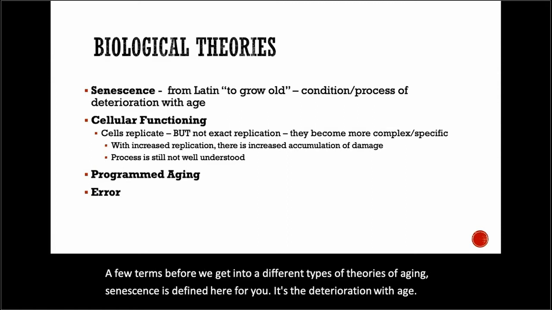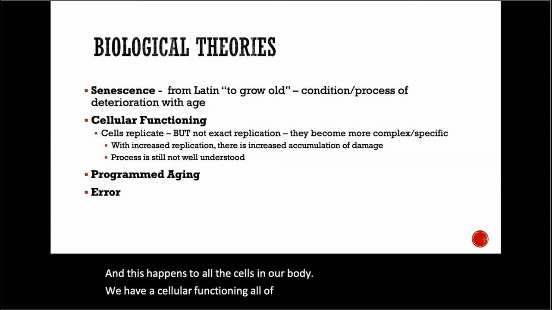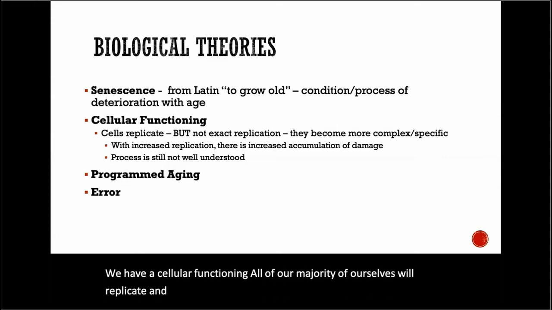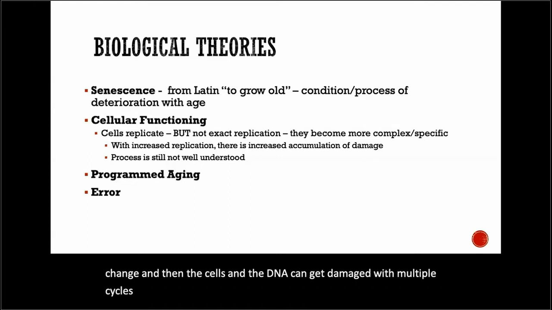And this happens to all the cells in our body. We have cellular functioning. The majority of our cells will replicate and turn over and renew. But as a person ages, that process can change, and then the cells and the DNA can get damaged with multiple cycles of replication.